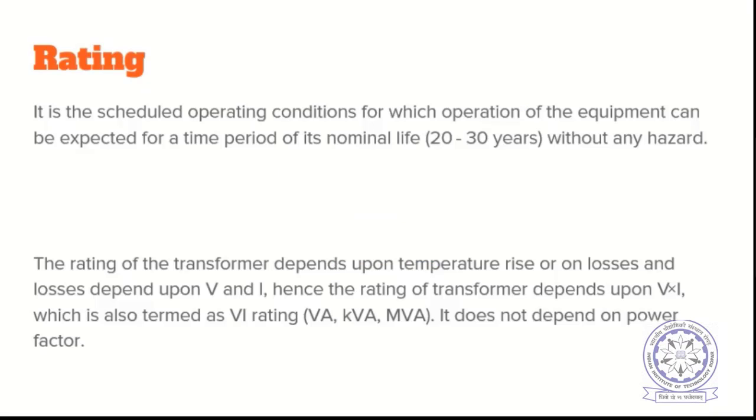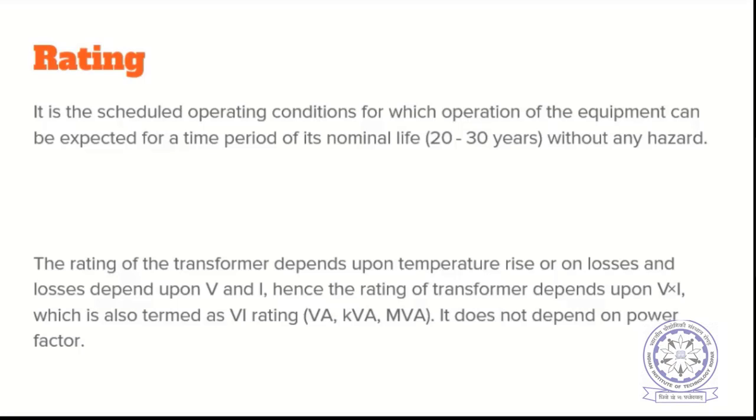Rating is defined as the scheduled operating conditions for which operation of the equipment can be expected for a time period of its nominal life, around 20 to 30 years, without any hazard. So what are the conditions?